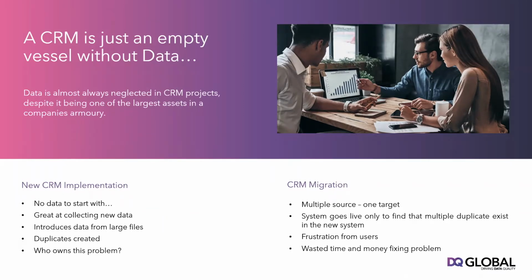So company X spends a large amount of money on a newly customized CRM system with all the data that is migrated from numerous legacy systems, let's say 5 to 10.